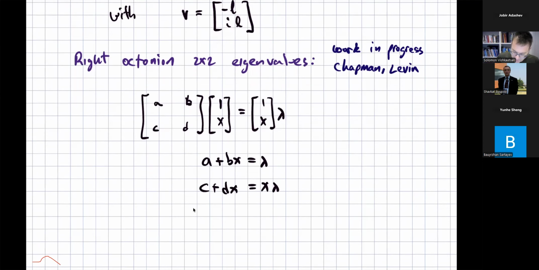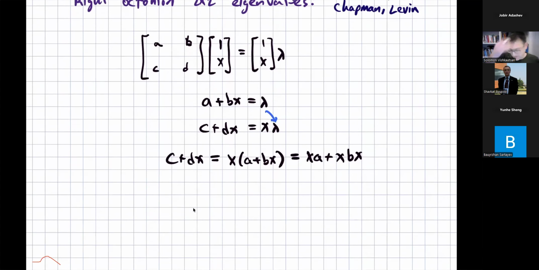And again, we substitute lambda into the second equation. And we get c plus dx equals x times (a plus bx), and this is equal to xa plus xbx.